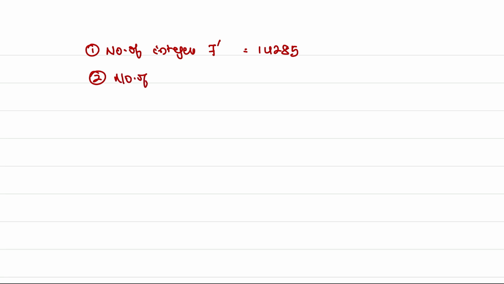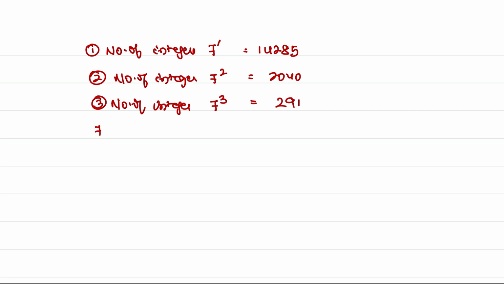Number of integers divided by 7 square is equal to 2040. Number of integers divided by 7 cube is 291. Number of integers available when the given number is divided by 7 to the power of 4 is equal to 41.